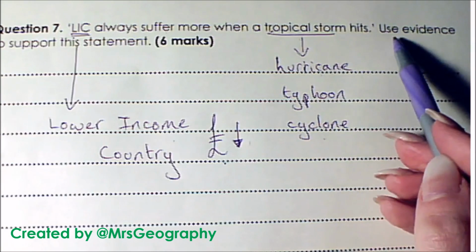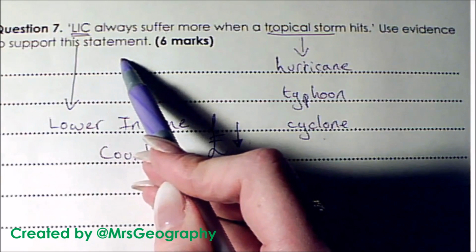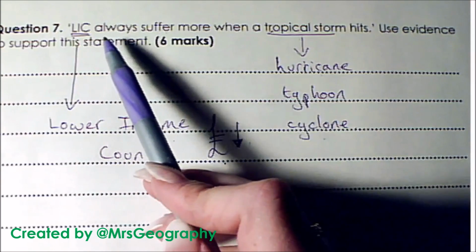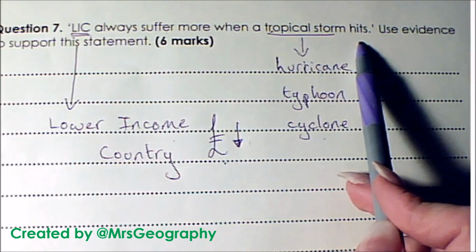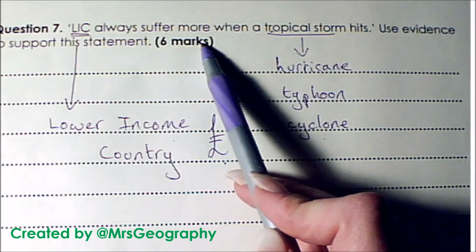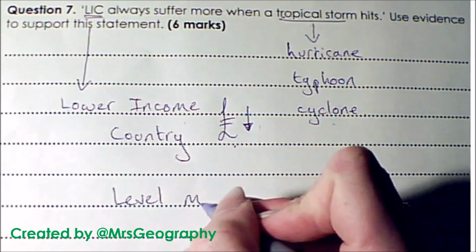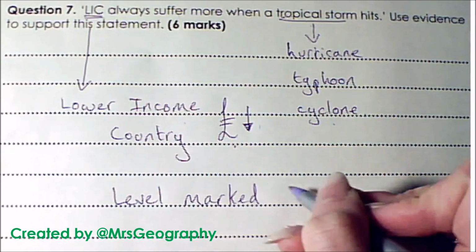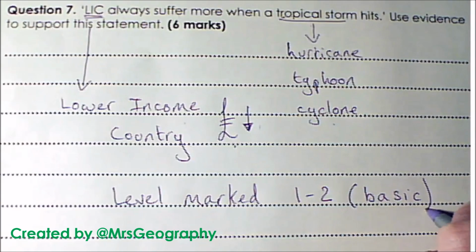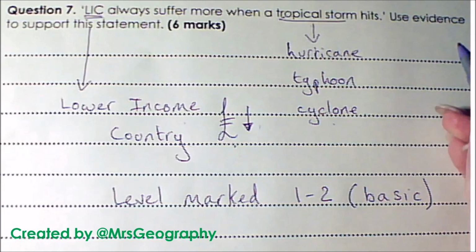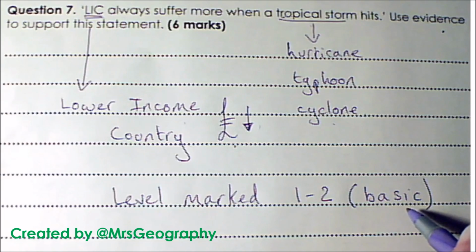Now for this question, they want you to use evidence to support this statement. So whether you agree with it or not, you have to support this statement. And it's worth 6 marks. So again, this question is level marked. For 1 to 2 marks, your answer is going to be quite basic. You might not provide a lot of evidence. Your points might be very, very basic and simple.